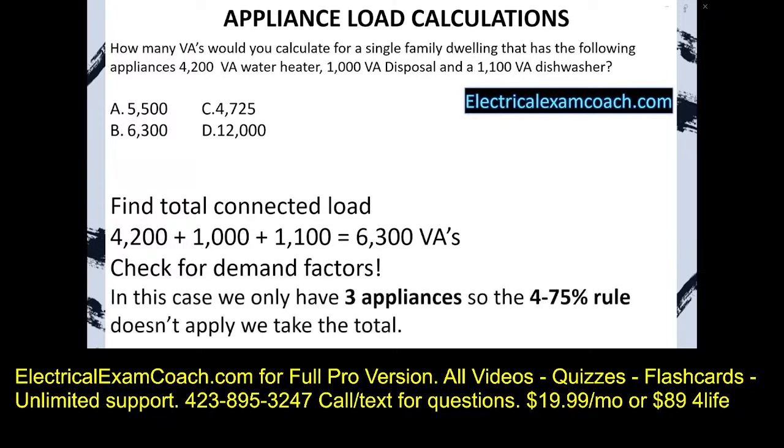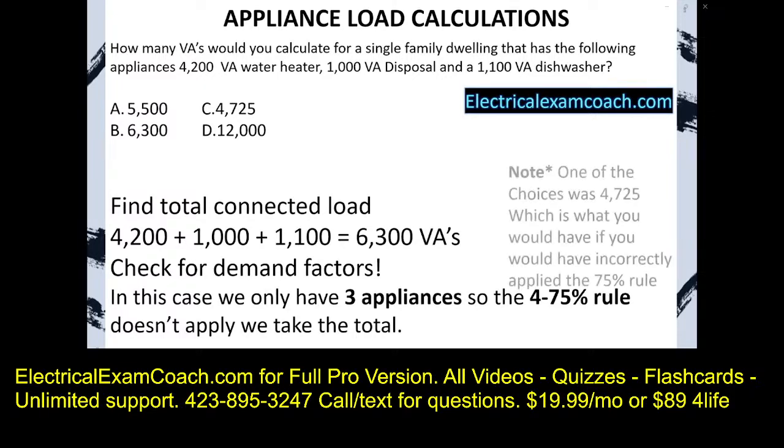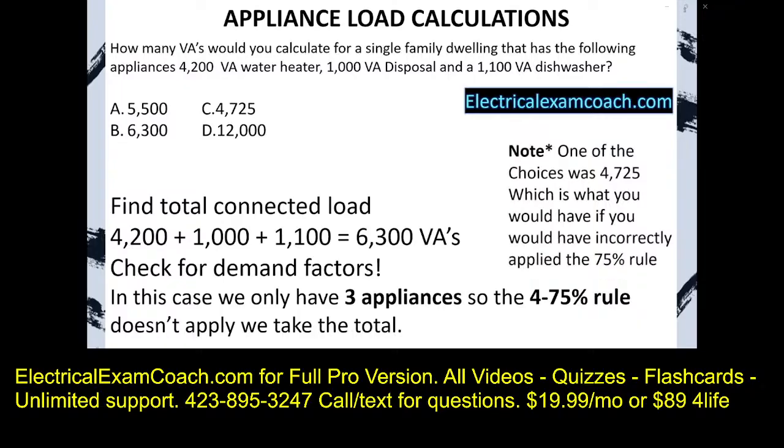In this case, we only have 3 appliances, so the 75% rule does not apply, and all we have to do is take our total. I do want to note that one of the 4 choices was as if you had incorrectly applied the 75% rule. In this case, because we only have 3, we don't apply any demand factor at all, and we take the total connected load at 6,300. Great job.